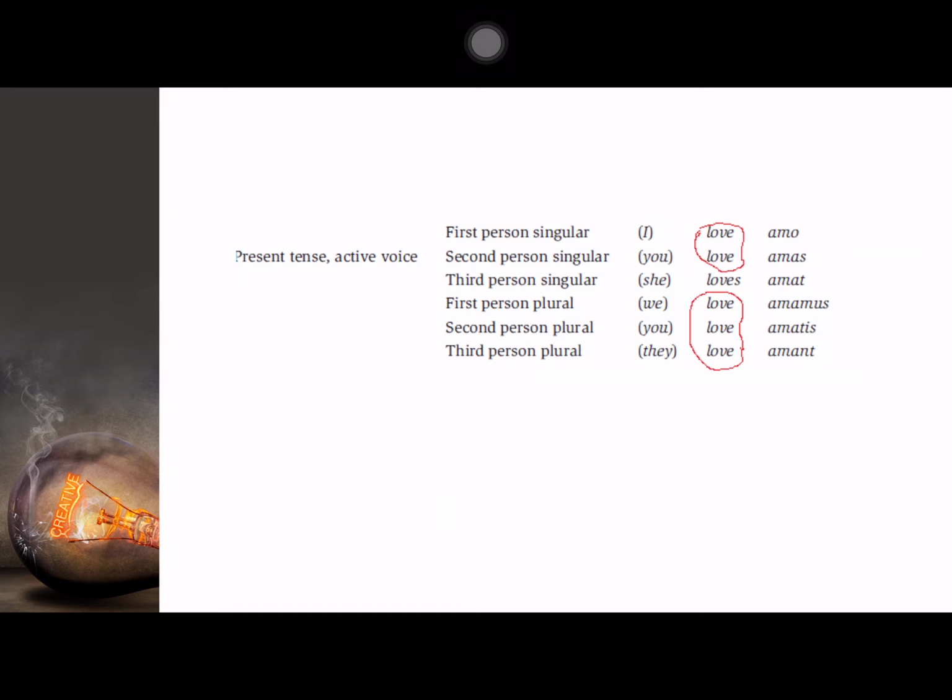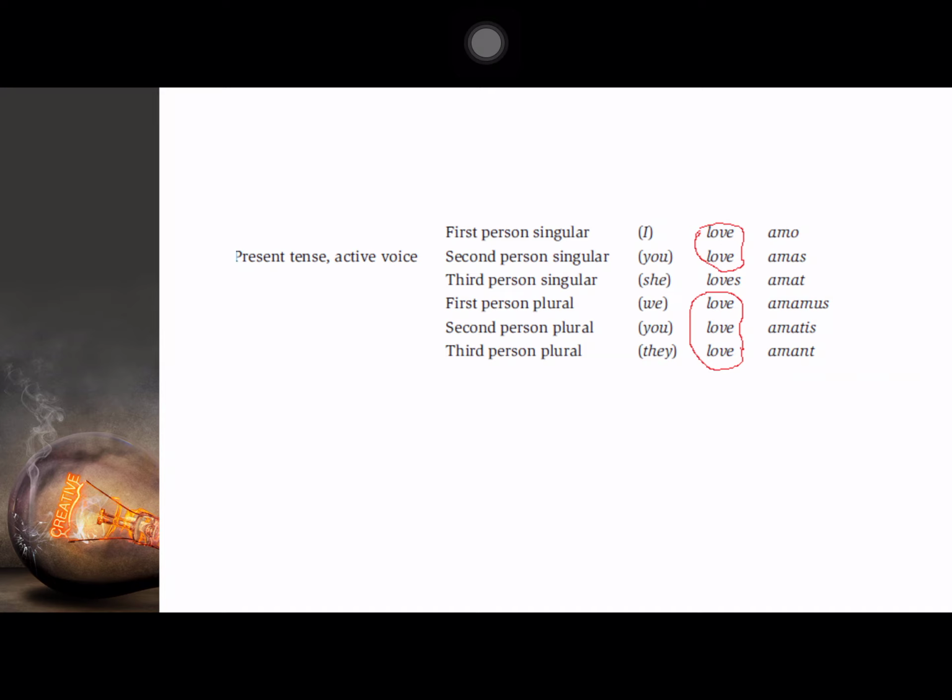This table is a comparison of the forms of the verb love in English and Latin. If we look at the forms of the verb in Latin, we can see they are different according to the categories of person and number. We can see amo, amas, amat, amamus, amatis, amant.